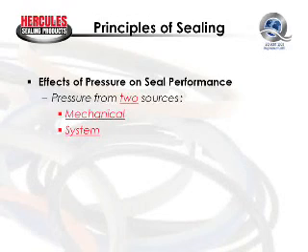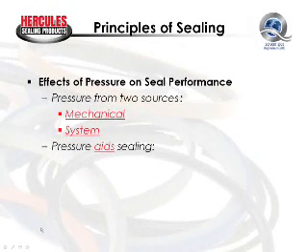Mechanical squeeze is designed into the seal by the fact that the seal is designed with a larger cross-section at the sealing lips than there is space in the groove or in the gland. So by having a larger radial cross-section, the seal is squeezed mechanically, and the sealing lips conform to the sealing surface.